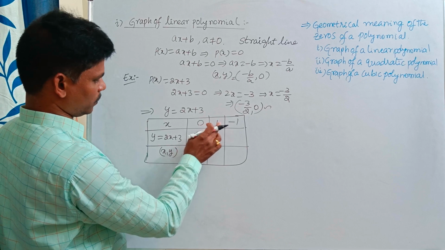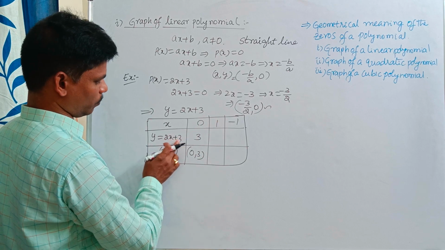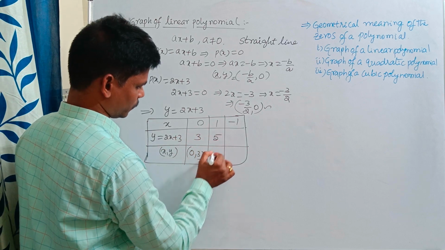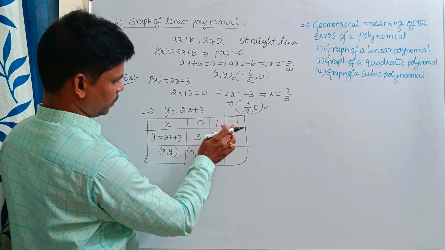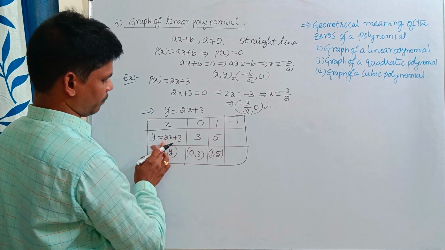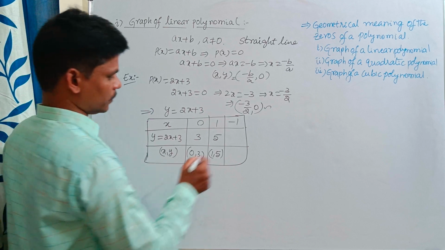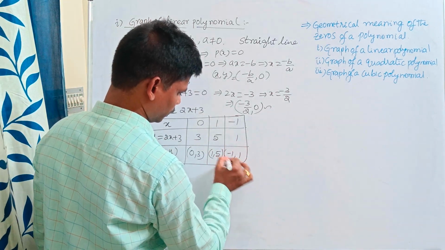Next, put x is equal to 1: 2 into 1 is 2, 2 plus 3 is 5, so the point is 1 comma 5. Next, put minus 1 in place of x: 2 into minus 1 is minus 2, plus 3 is 1, so the point is minus 1 comma 1.